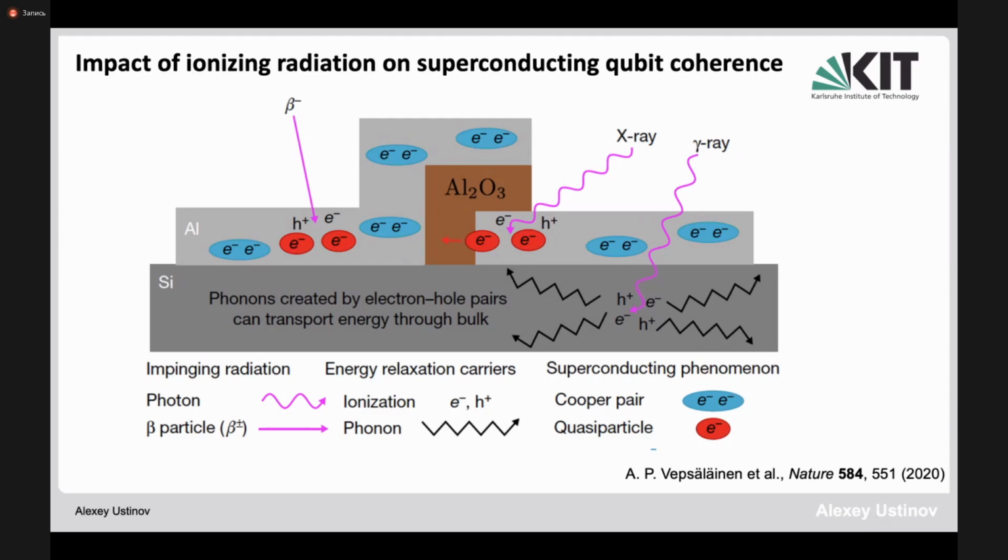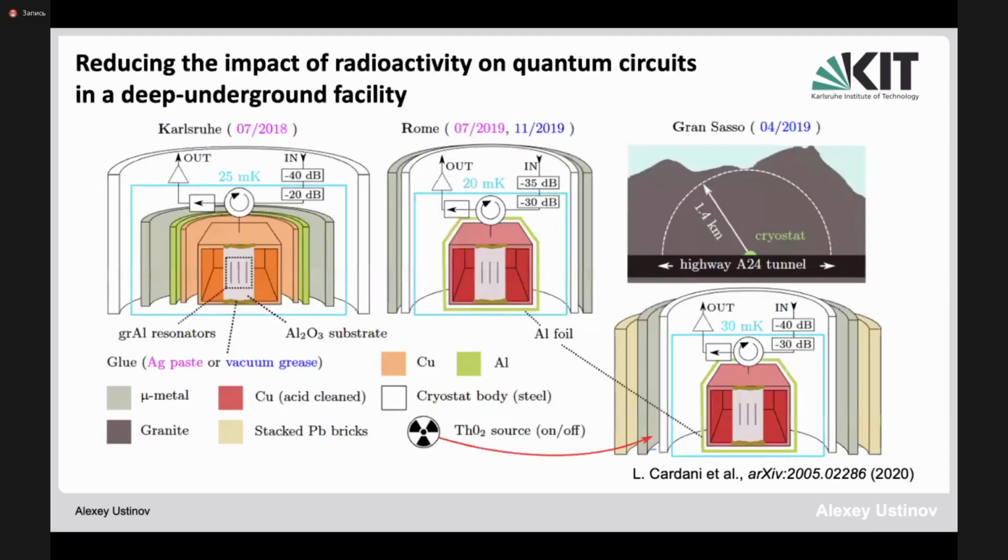And they found that the effect on the modern transmons is there, but it's rather small. So it's certainly smaller than the effect of the two-level defects. However, this type of processes influence the superconducting devices.